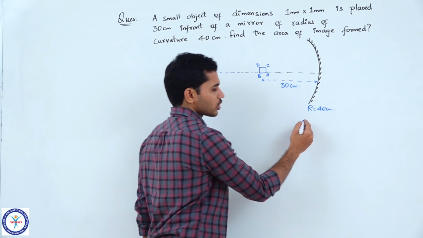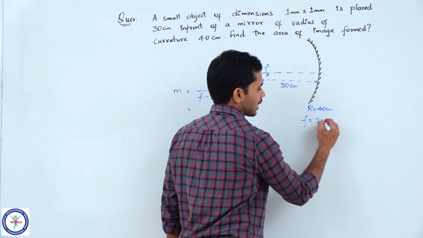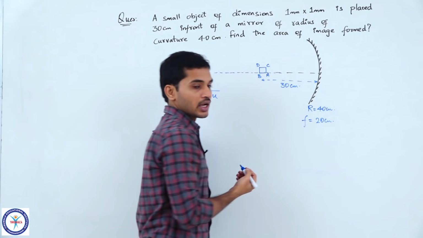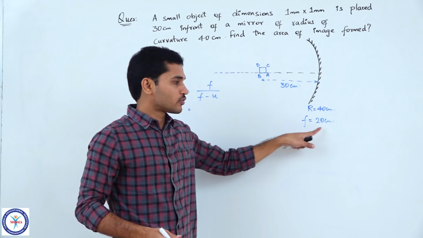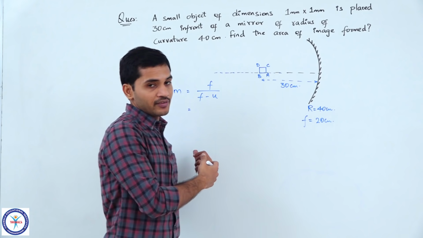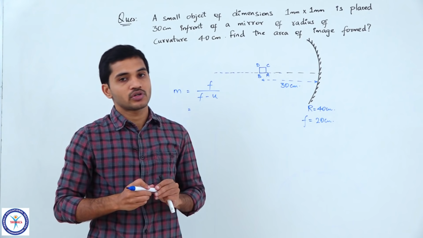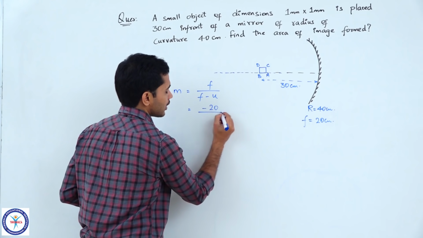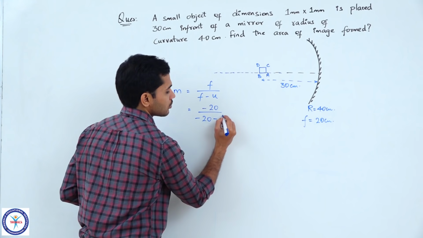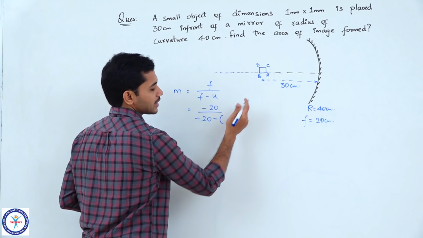If r is 40, we can say that f will have a magnitude of 20, and because I have considered a concave mirror, I will have to substitute it as minus 20. So I will substitute minus 20 divided by minus 20 minus u, which is minus 30.